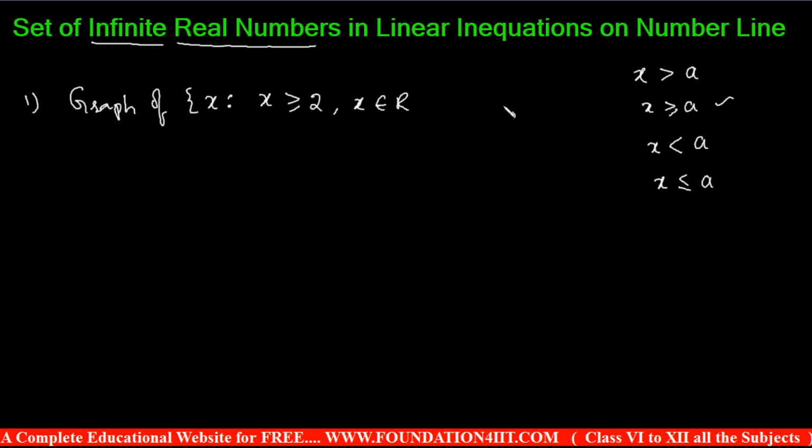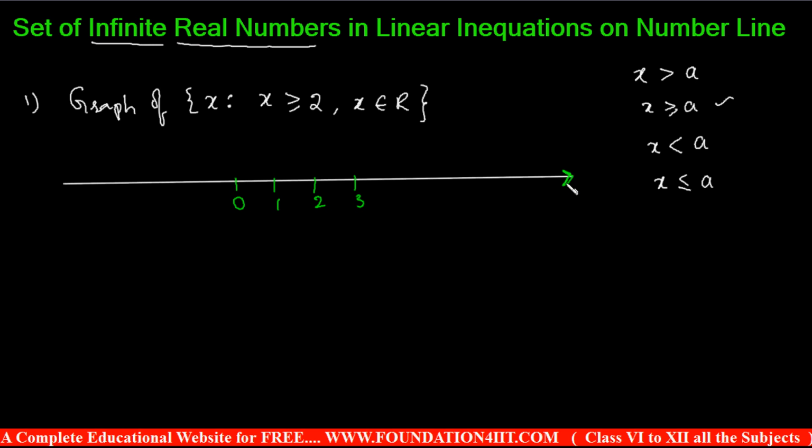This is the second type. So how to represent this on the number line? x is greater than or equal to 2, so 2 is included in this. When you take the number line, 0, 1, 2, 3 and so on, keep an arrow mark.